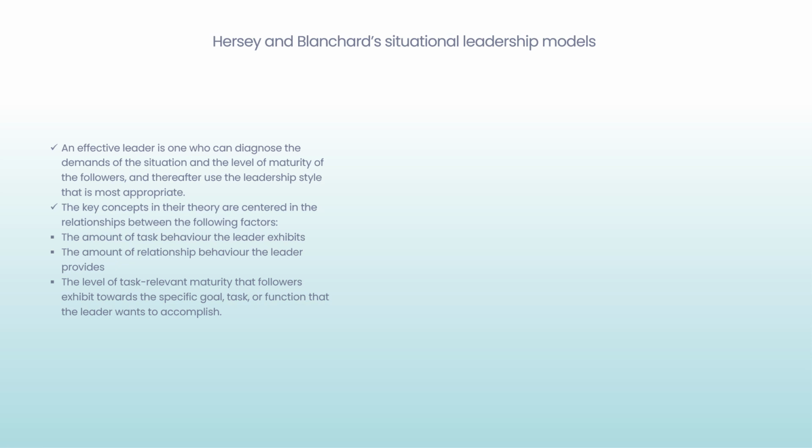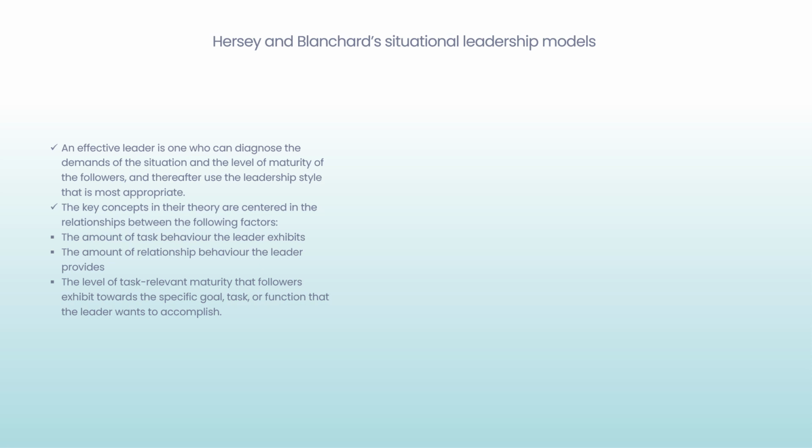The level of task-relevant maturity that followers exhibit toward the specific goal, task, or function that the leader wants to accomplish. It's true, as a leader, you are seeing the goal. You want to achieve the goal. You want to influence these people to take them to the top of the mountain.